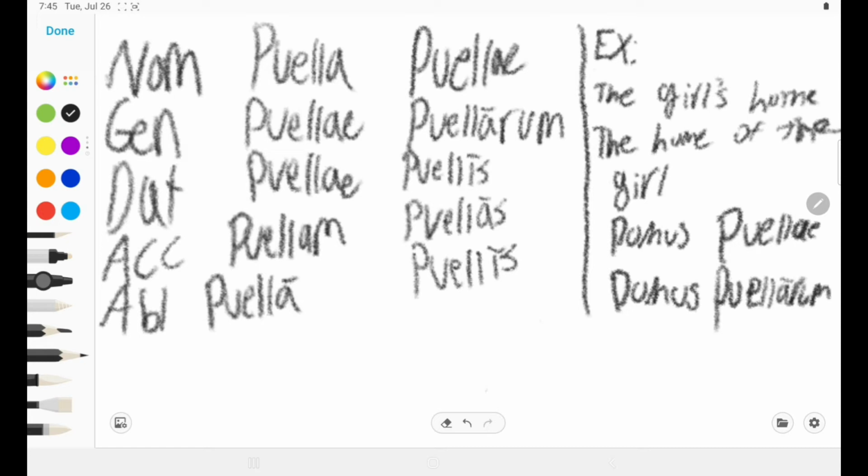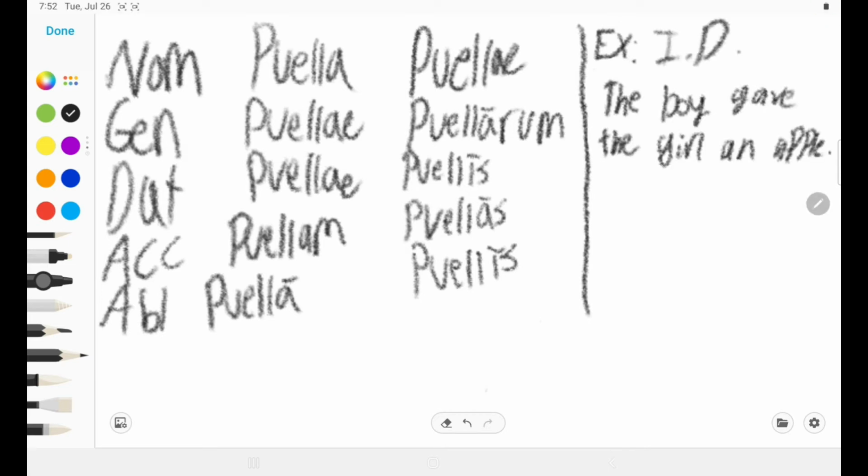When we say it like the home of the girl, it helps us with our placement, and it helps us remember that domus, which means home, is going to be the subject of the sentence. And then for plural, we got domus puellarum. Now you're probably like, hold up, why does the A have a weird line over it? Well, that line is called a macron. A macron just pretty much makes the letter longer than it normally would be.